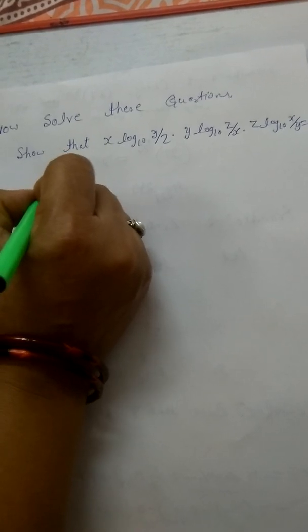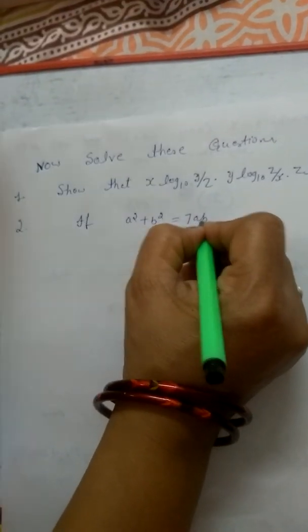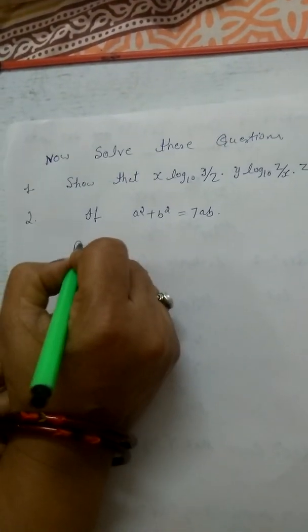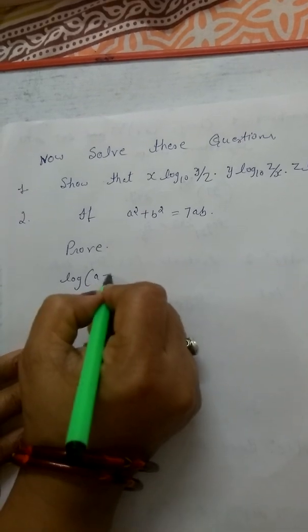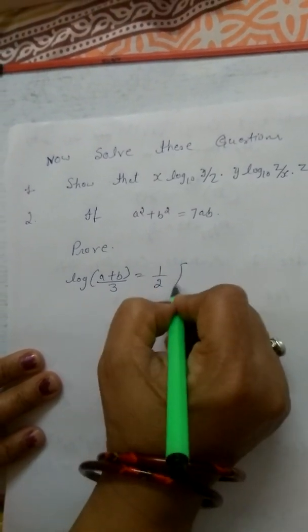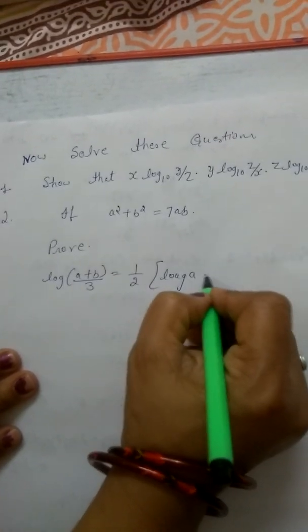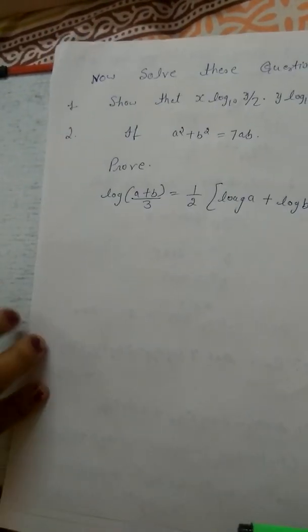If (a plus b) square is equal to 7ab, prove log((a plus b)/3) equals 1/2 (log a plus log b). Okay.